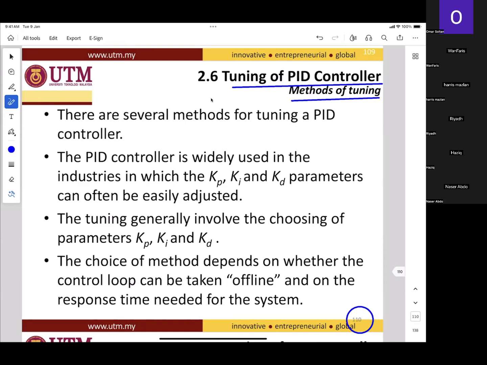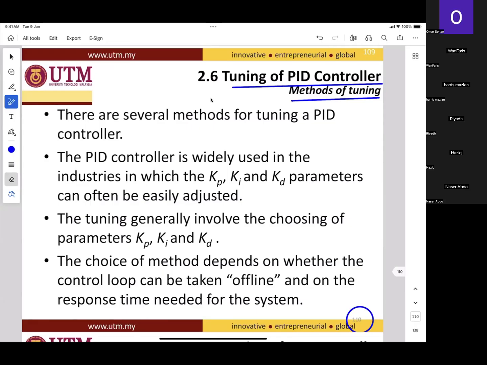But in this method, you don't have to do that. What we will do is a calculation or procedure that can give you the new KP, KI, KD without using all the calculations previously. So this method, we call it easily adjusted, involving KP, KI, and KD.